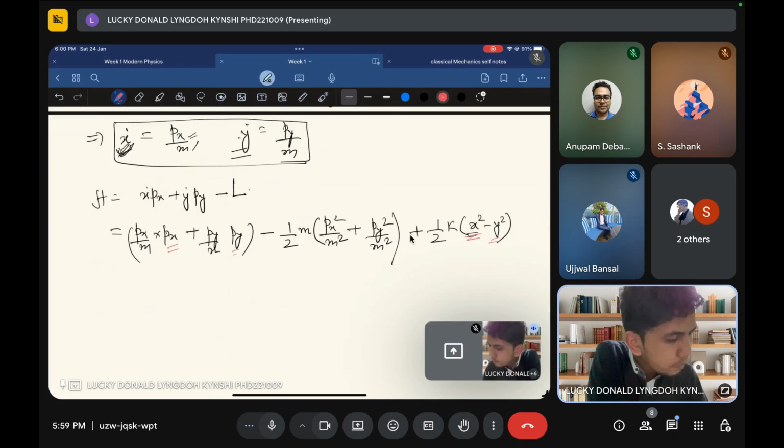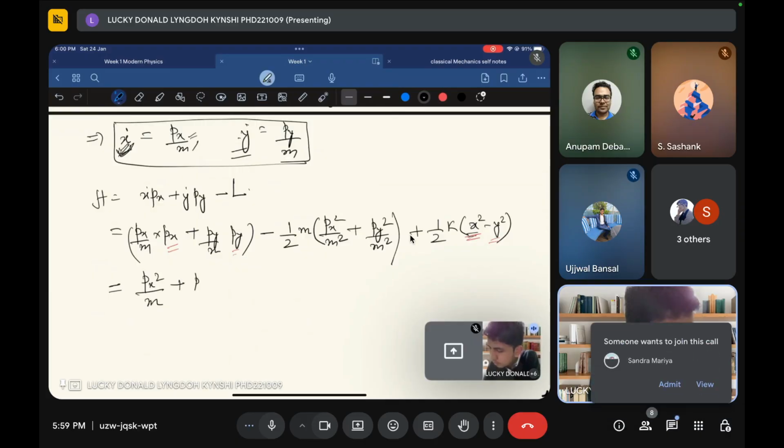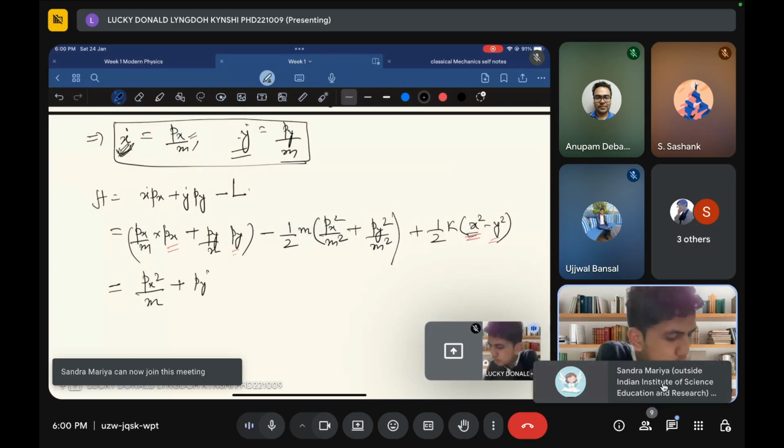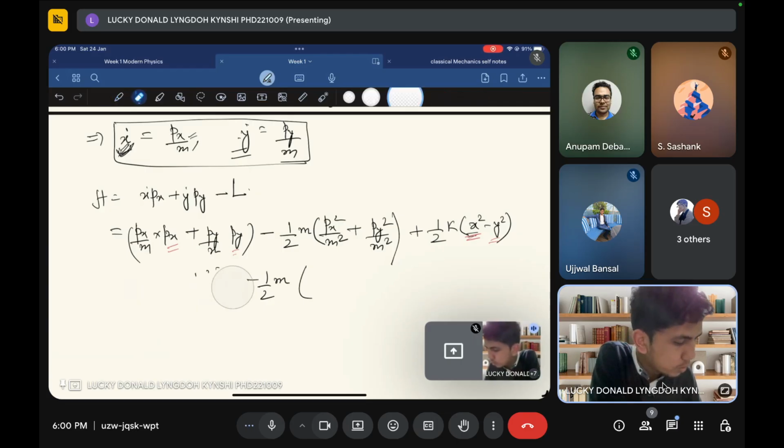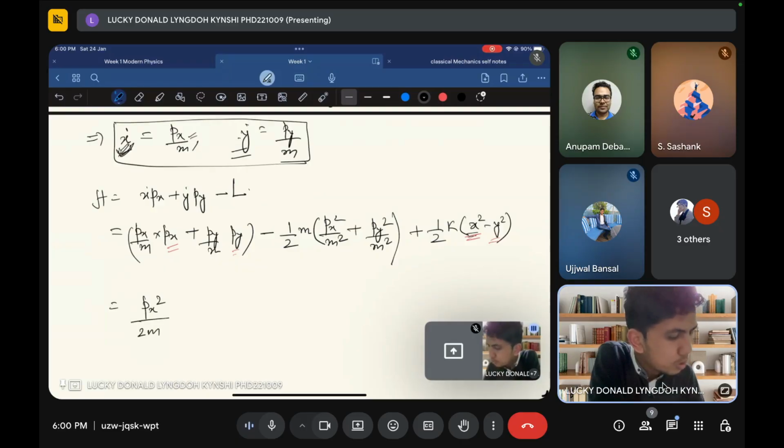Now since you can still solve this equation a little more, this will become px square by m plus py square by m, minus half m times px square by m square and so on. One m from here and one m from the denominator will get cancelled anyway, so I will just write the final equation directly: H equals px square by 2m plus py square by 2m, and then you get plus half k times x square minus y square.